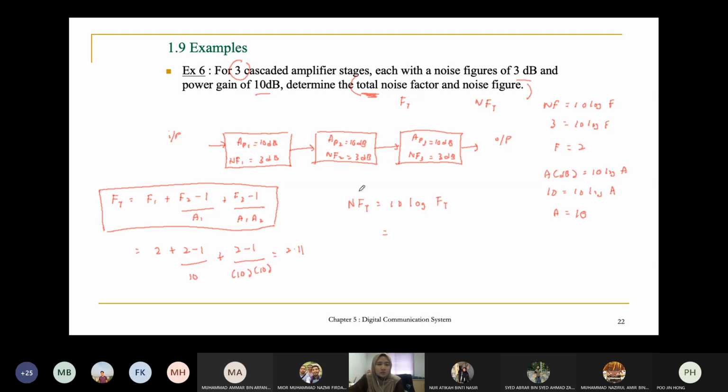So 10 log 2.11 is equals to 3.24. And the unit is decibel.